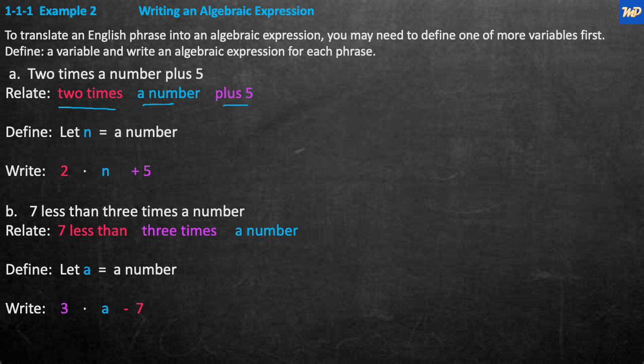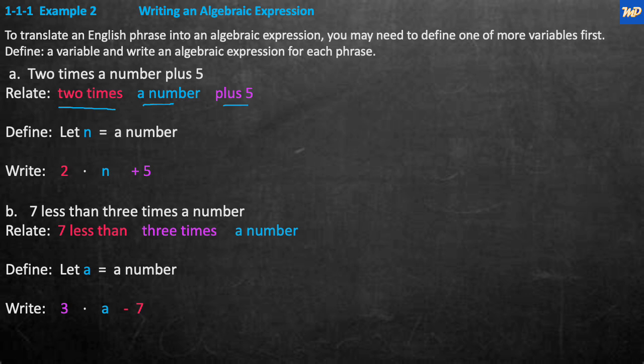So what is the variable we're going to define? We're going to define n as the number. So 2 times a number, we don't know which, 2 times some number. And that number can be A, B, C, Q, whatever. We're going to name it n. And then you're going to add 5 to it, plus 5.